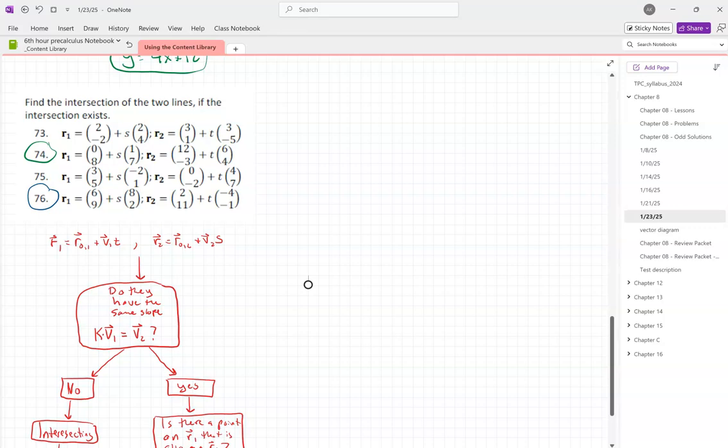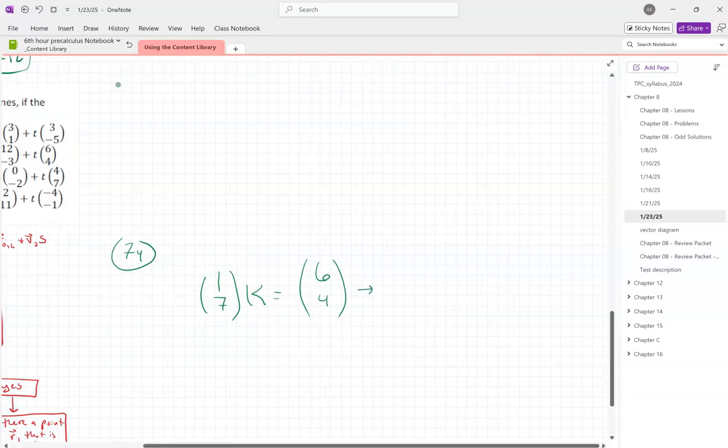Okay. All right. So doing 74 first, I'll do that in green. It says, do they have the same slope? So basically what I'm doing is checking to see if the two slope vectors are scalar multiples of one another. I'm going to take the slope vector from the first line, so that's the 1, 7, and see if that's a scalar multiple of the slope vector from the second line, which is 6, 4.